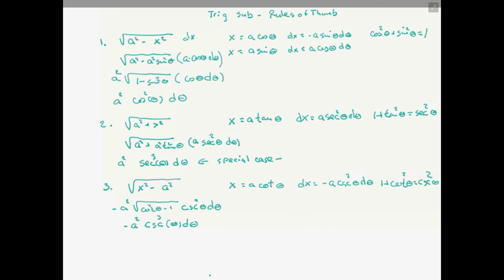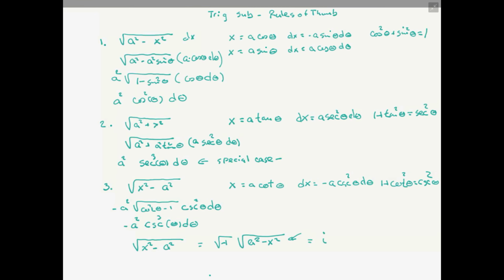In fact, when we look at number 3, we could say that x squared minus a squared is equal to the square root of negative 1 times a squared minus x squared. And then we would use the trig substitutions for this condition.